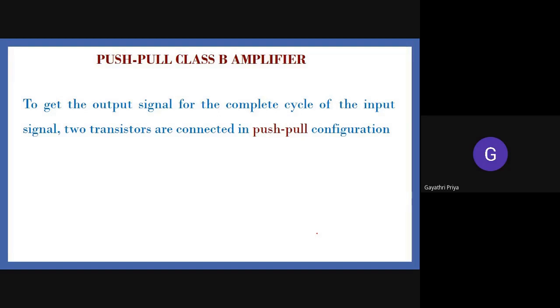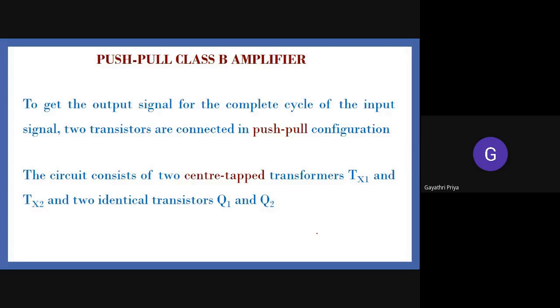We need the output for the entire complete cycle. The output should be present for the full cycle of the input. So that is the thing we need to convey here. Let us check how the transistors are connected in Class B configuration.